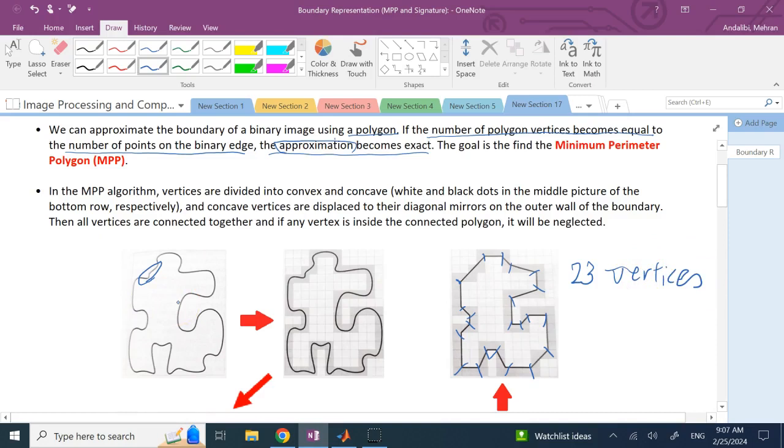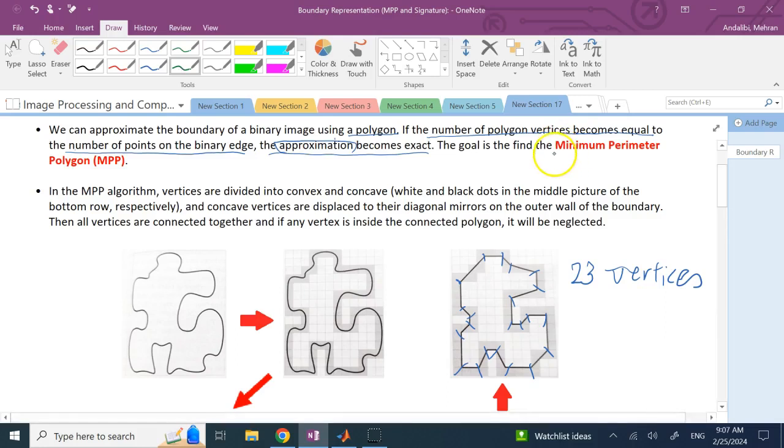So, but the question is, if I can represent this shape with a polygon, which polygon is the polygon to use? Because there could be so many different polygons that you can choose to represent this shape approximately. Which one of them is the best one? We're typically looking at the ones with minimum size, right?